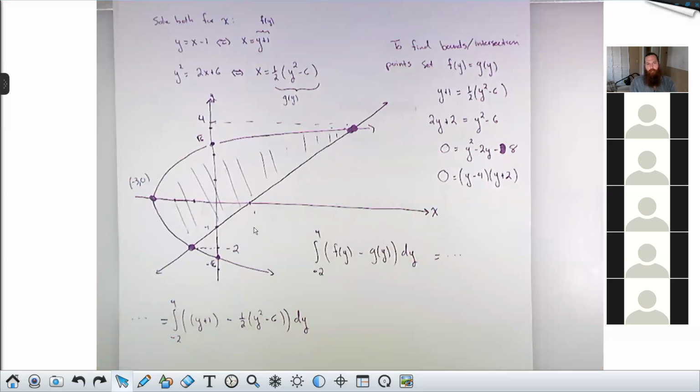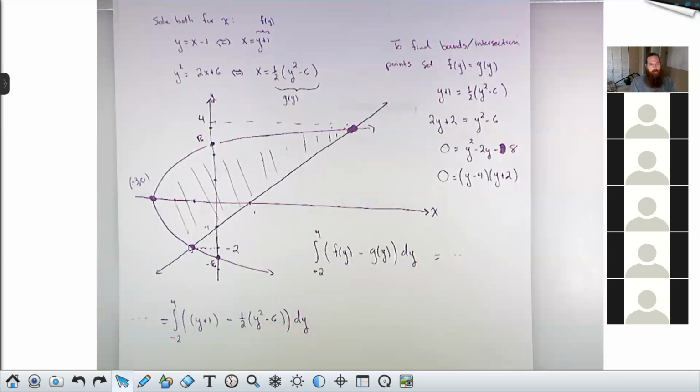So any questions on the bounds work or writing down this integral? Questions up to here? So do you not include the -3 yet or at all? Let me think. This -3 is not relevant for anything other than helping us draw the picture. So my integral is being done dy, so my bounds are going to be y values.